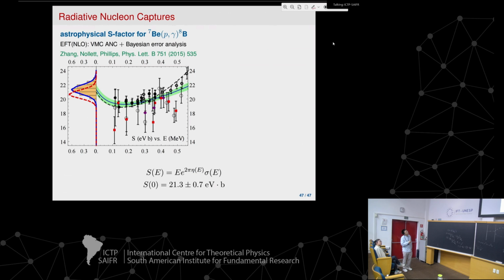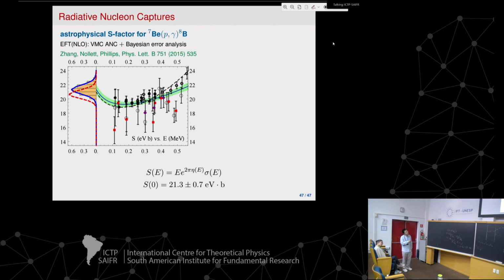It was done by Shilin Zhang, Ken Norris and Daniel Phillips, and they used this halo effective field theory method to extract the S factors for the astrophysical reactions. You can combine this with Bayesian analysis to get the uncertainty estimate for their calculations, and it actually works quite well for these systems and gives you quite accurate S factors at very low energies.